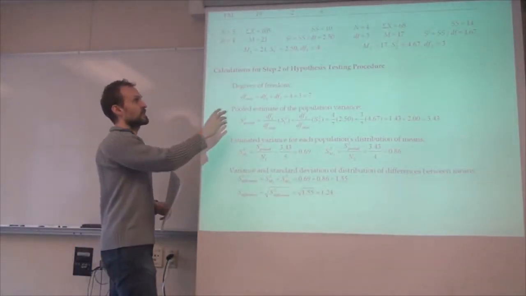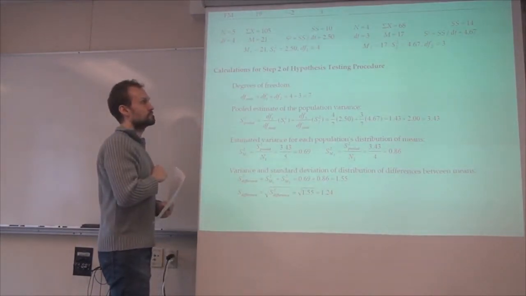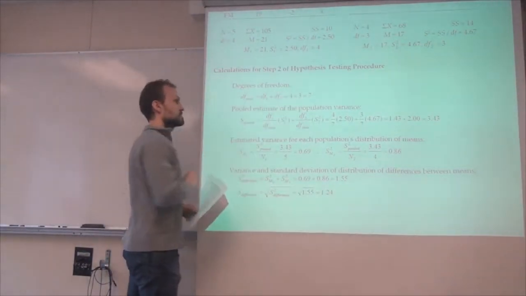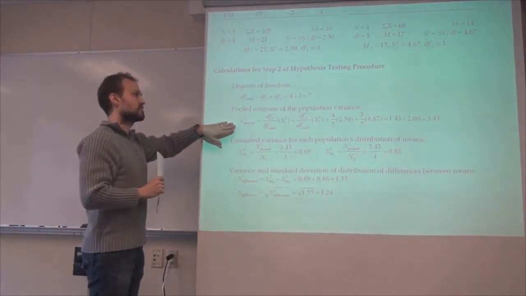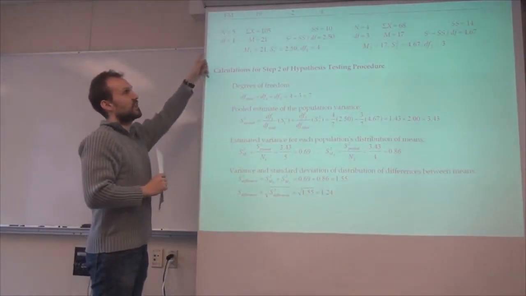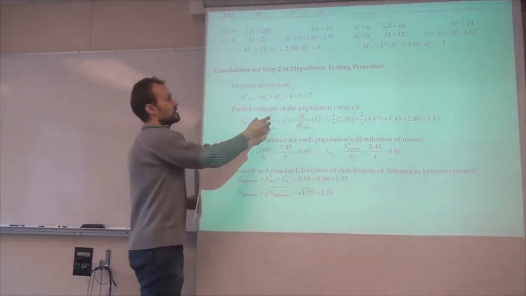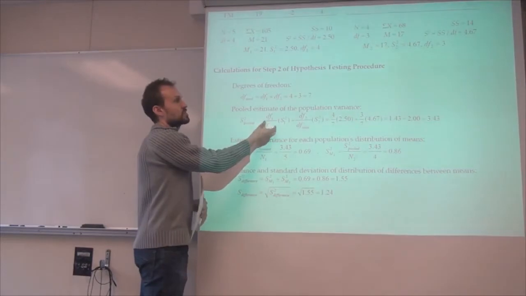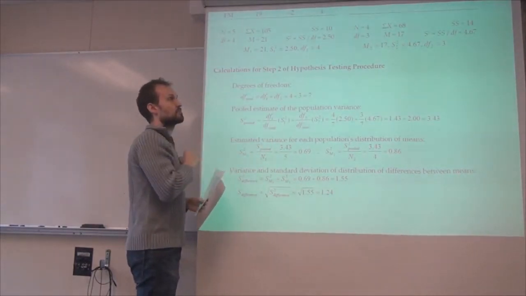So for the total degrees of freedom, I'm just going to add up the two separate degrees of freedom. That's the number that works. Now I'm going to calculate a weighted average and use that as the estimation for my population variance. Because I have a 5 sample and a 4 sample, I'm going to weight it according to the degrees of freedom, which is the same or similar to the sample size.